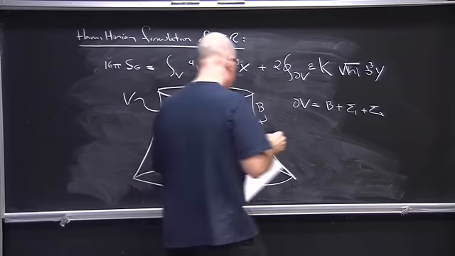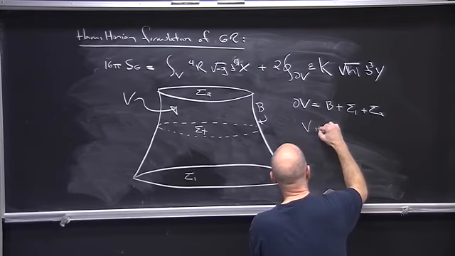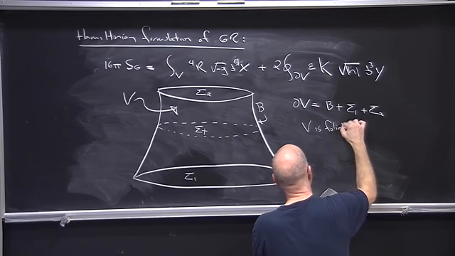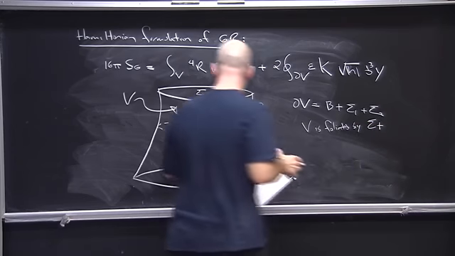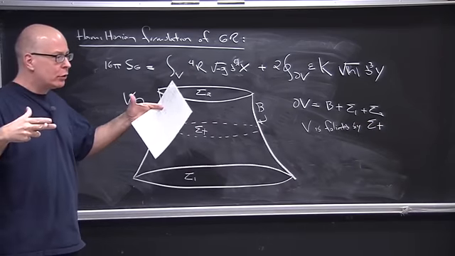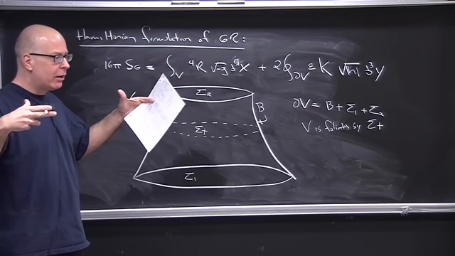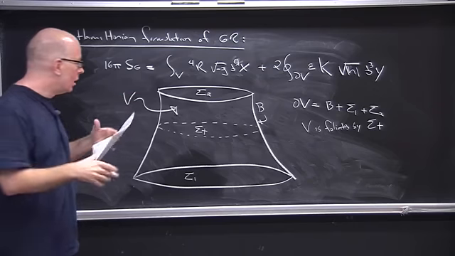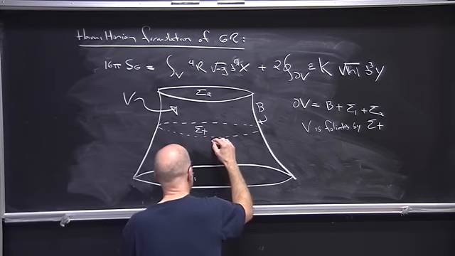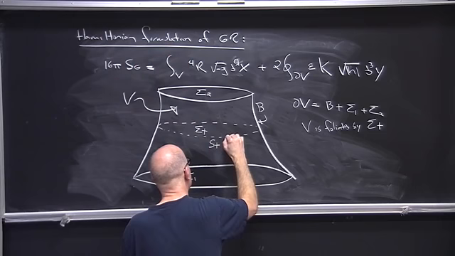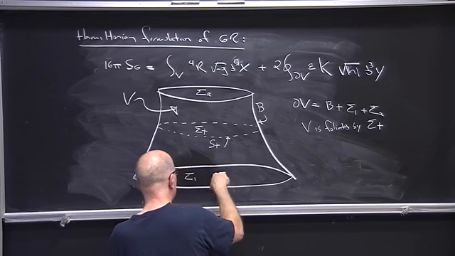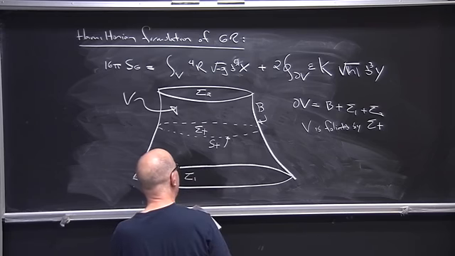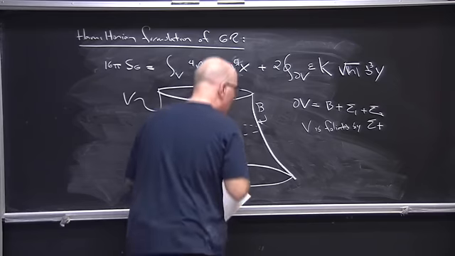We have that V is foliated by sigma t. But all those hypersurfaces now are bounded, right? So they also have their own boundaries. So this hypersurface is going to have a boundary St, which is going to be a closed 2-dimensional surface. This one over here will have S1 as its boundary. This one up here will have S2 as its boundary.